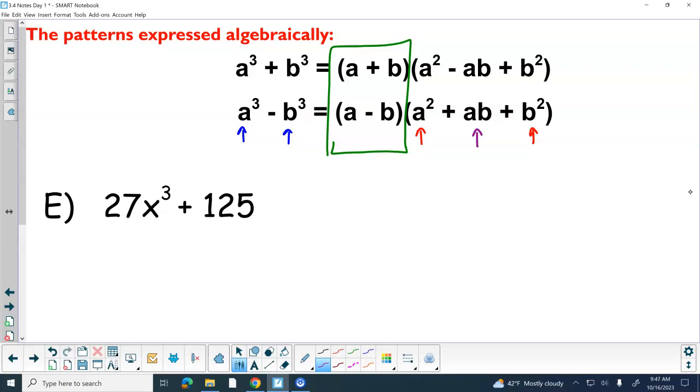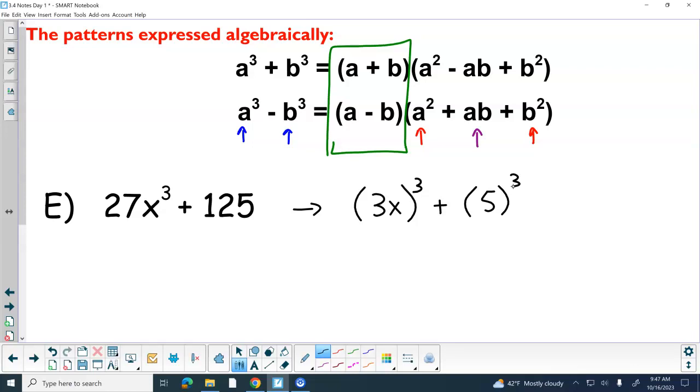Yes, it is. It's what cubed? 3 cubed. Is 125 on our cubics list? Yes. It's what cubed? 5 cubed. So this is really 3x cubed plus 5 cubed. With me?